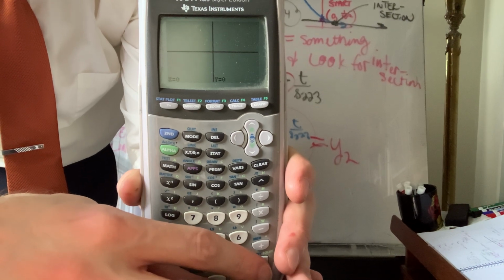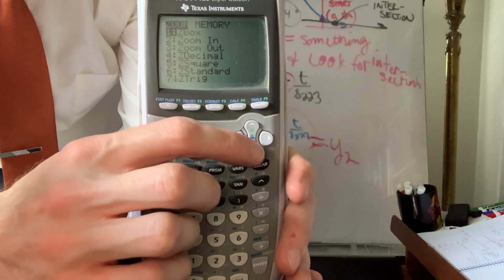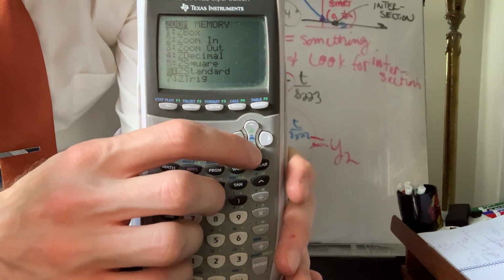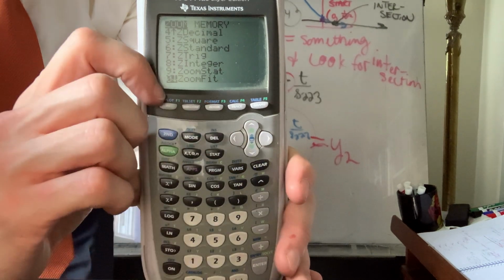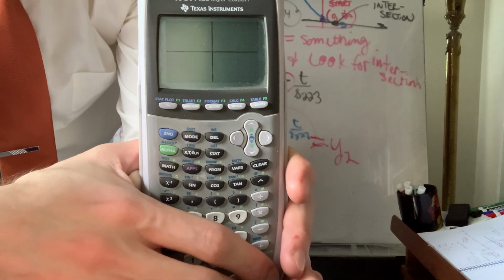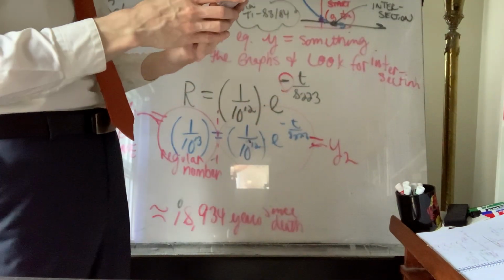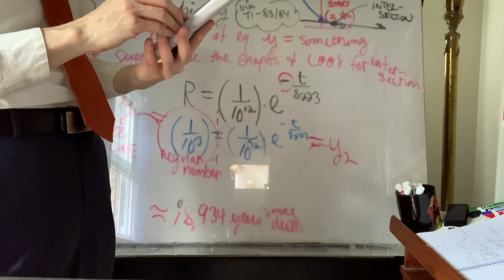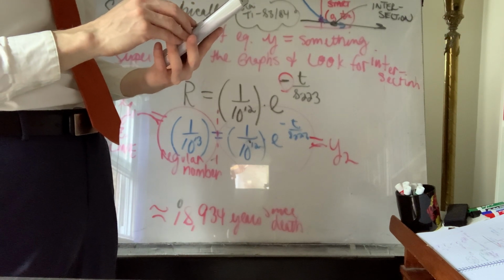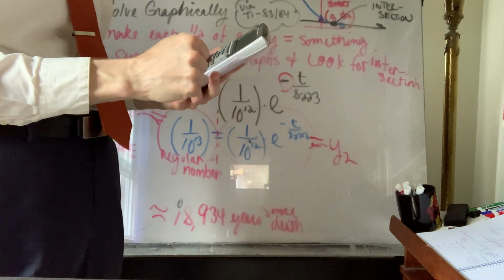So what you would do alternatively is go to zoom and then try zoom fit, which is this option here. And there's an error message. Quit. Okay. It's so small that it might be a little hard for the calculator to handle, but I know that I've gotten it to work, so I'm going to be adamant.